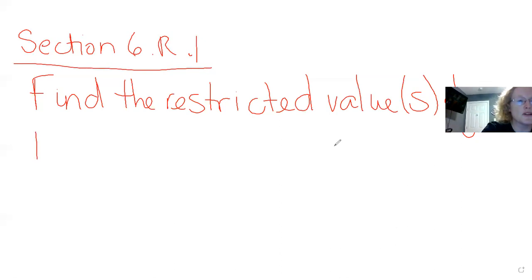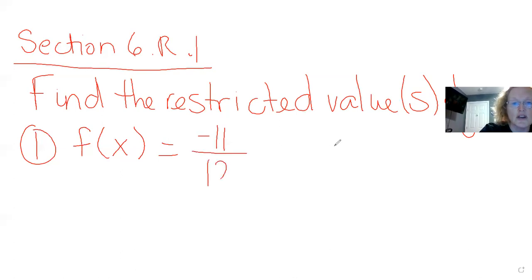So the first one I'm going to do is just a pretty simple equation. They'll get a little bit more complex, but we never start off with the killers. So this is just a fraction. f of x is going to equal negative 11 over 12x.